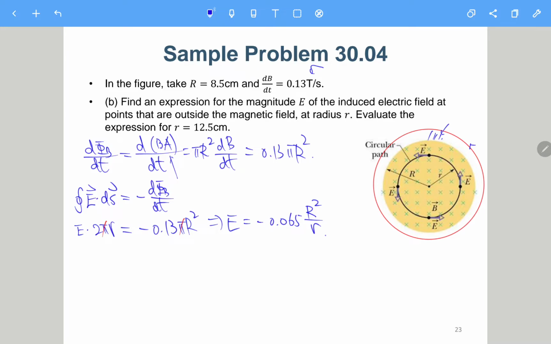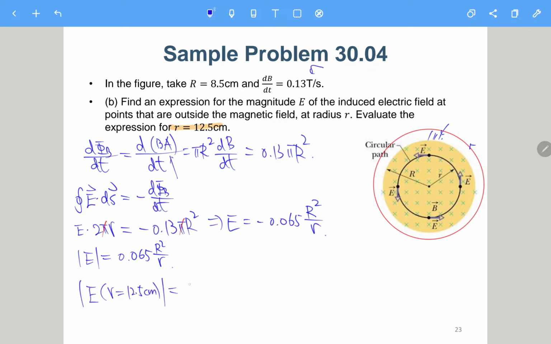Okay, so if we take the magnitude, we should take the absolute value of the E field, so it should be 0.065 capital R squared over small r. And here we need to evaluate it at r equals 12.5 centimeters.